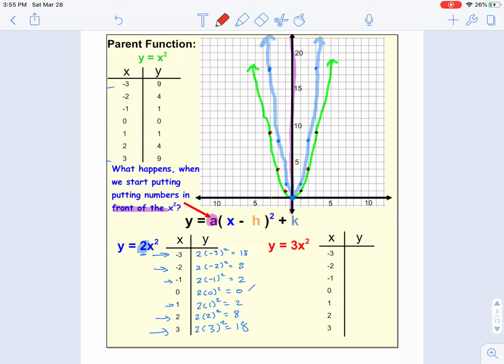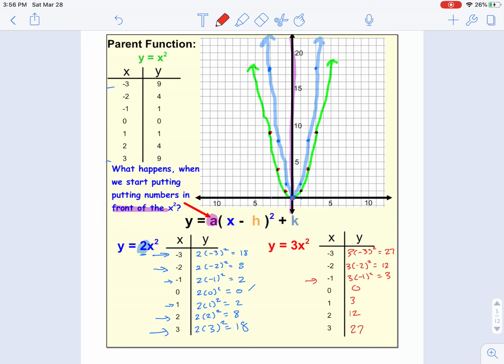All right, let's see what happens when we plug in the 3. All right, 3 times -3 squared, that's 27. 3 times negative 2 squared, well, that's 12. 3 times negative 1 squared is 3. Still going to be 0, and I won't do the rest, but it's going to follow the same pattern.